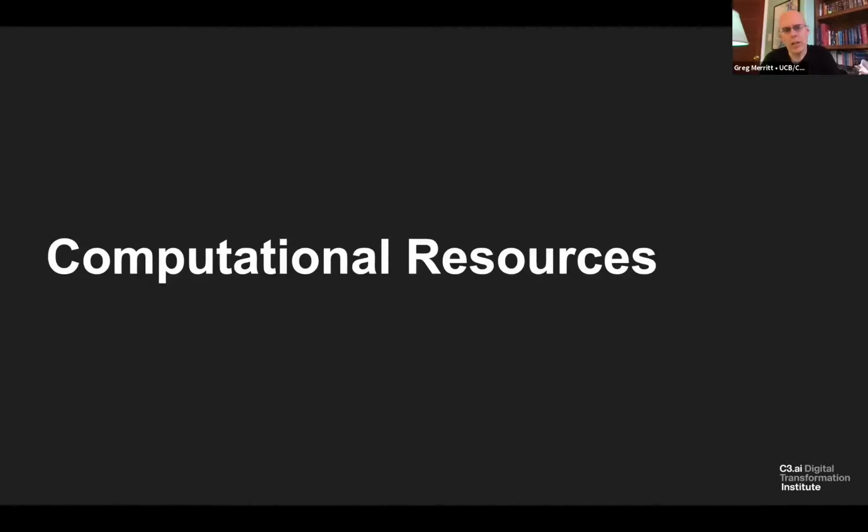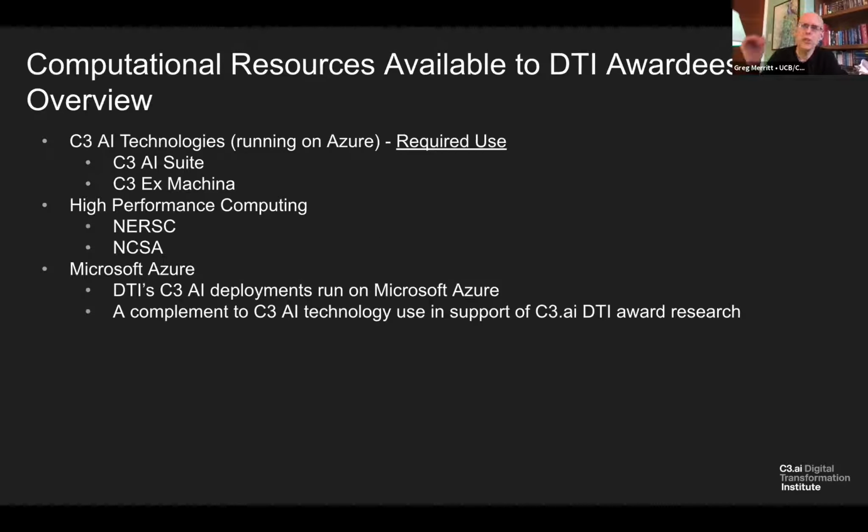So now I'd like to begin our overview of computational resources that are available to awardees. Here are the three main sections we're going to talk about. The first is the C3 AI Technologies. We want to particularly draw your attention to these. Why? Well, for these proposals, researchers are asked to consider how they would use C3 AI Technologies as part of the work plan in their proposal.